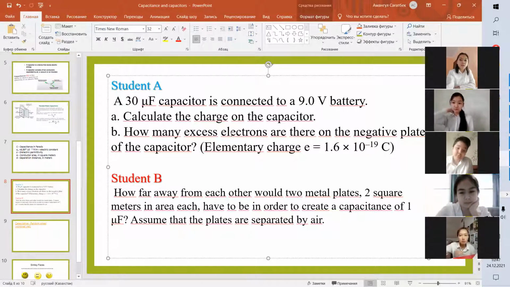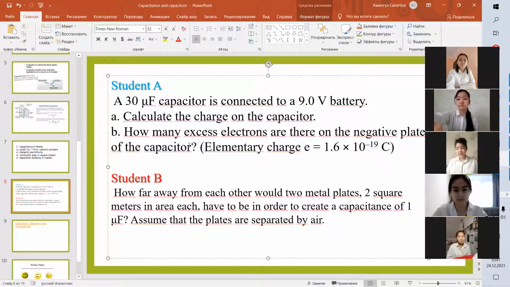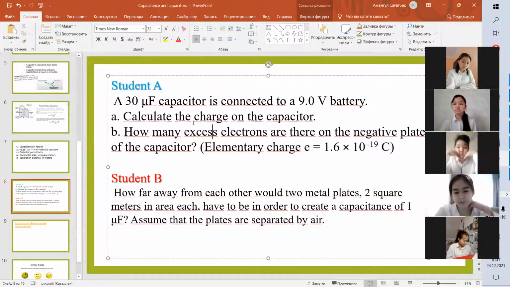Teacher, I have finished, student B. Okay, Alima, student B. Q equals 70.7 times 10 to the power of minus 9. Yes, that's correct. Student A? Okay. Correct. Q equals 27 times 10 to the power of minus 5. Yes, it is right. Okay, next.